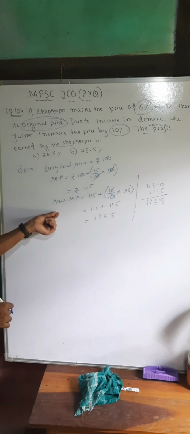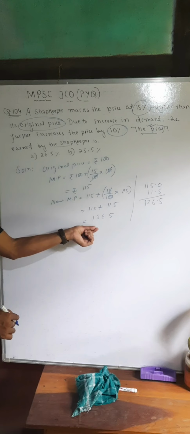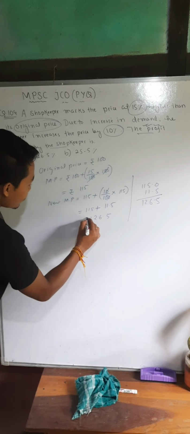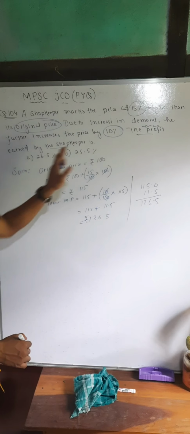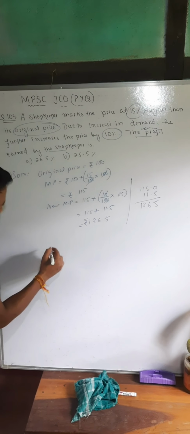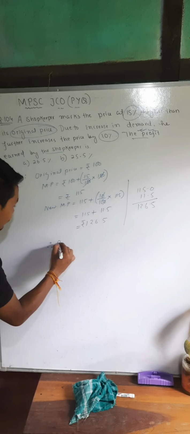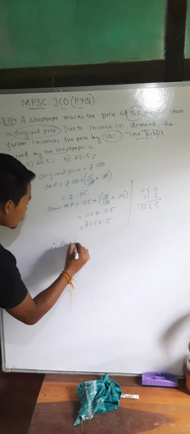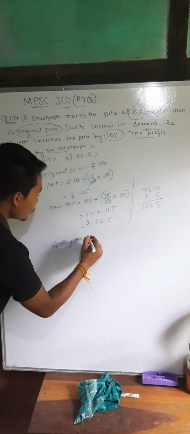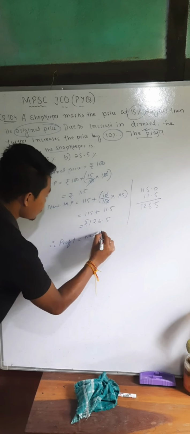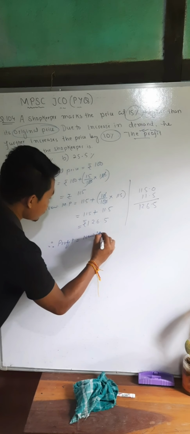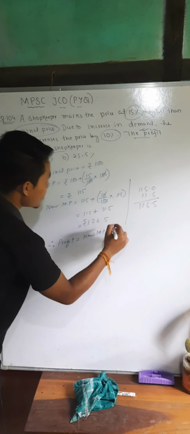Now the shopkeeper will sell that article at 126.5 rupees. Now what is the profit earned? What is the profit earned by the shopkeeper? Therefore profit will be new mark price minus original price.